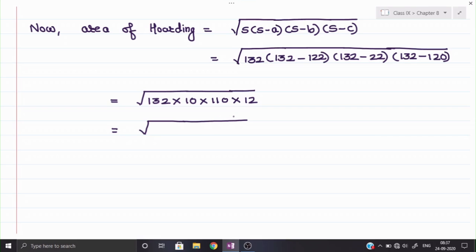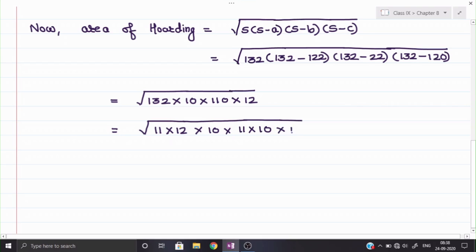I am making some bigger numbers, and see how easily we can complete this task, because if I factorize 132 then a lot of 2s will come, and it will make a lengthy process. 132 I can write as 11 into 12, which you should also remember now, so next time it will be easier for you. 11 into 12 gives 132. 10, I am not writing as 2 into 5, the reason I will let you know afterwards. 110 I can write as 11 into 10, and 12 is remaining over here, which I write again as it is.